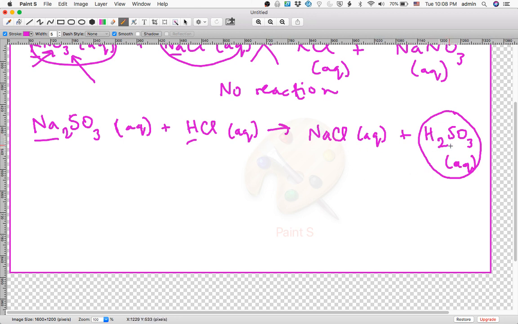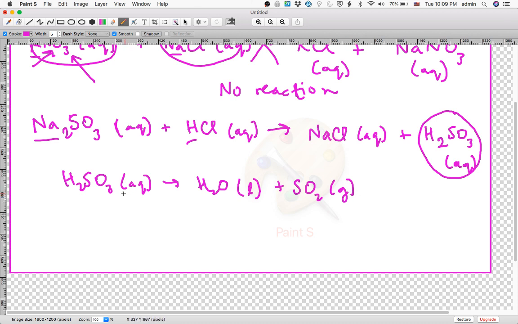Anytime you have H2SO3 AQ as your product, H2SO3 AQ immediately forms water, and there's a water, which is a liquid, and sulfur dioxide, which is a gas. Anytime this appears in the products, that doesn't exist for even a second. It immediately turns into water and sulfur dioxide gas.